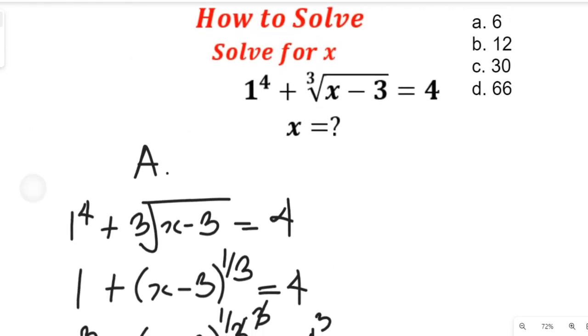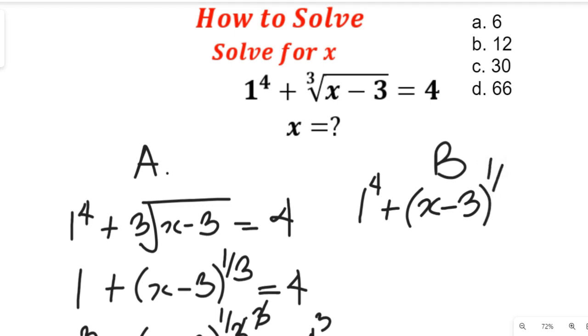Now, how did student B go about solving this? This is what student B did. Student B simply said 1 to the power of 4 plus x minus 3 all to the power of 1 divided by 3, and this is equal to 4.